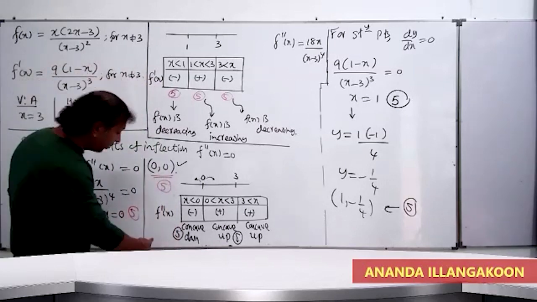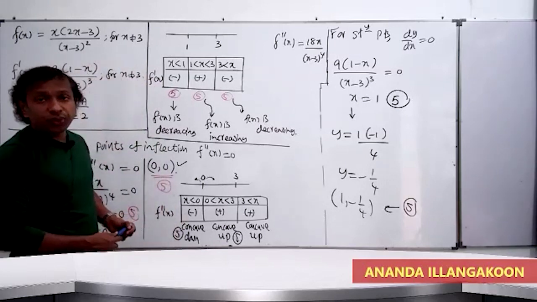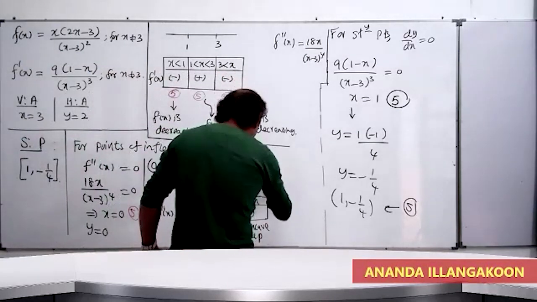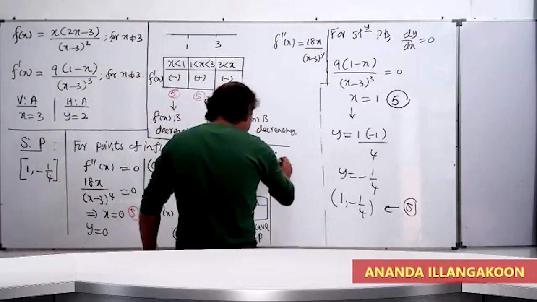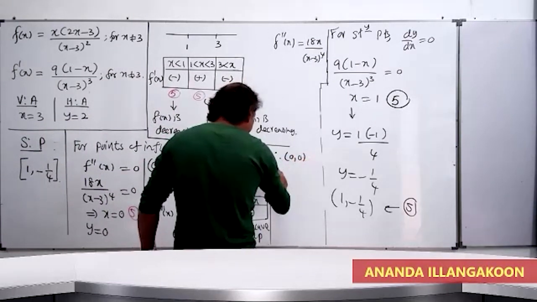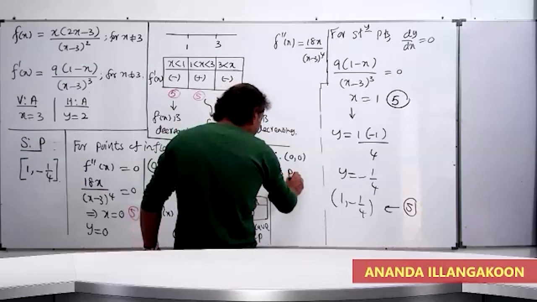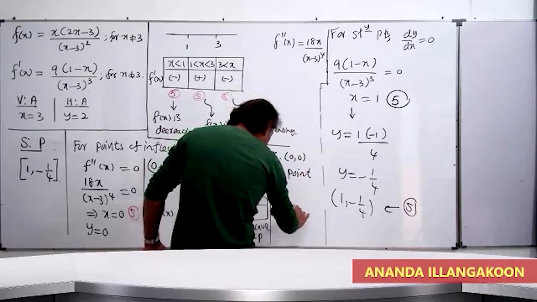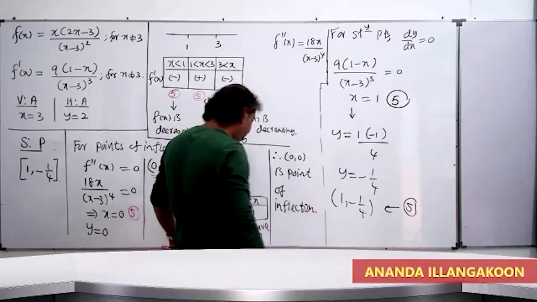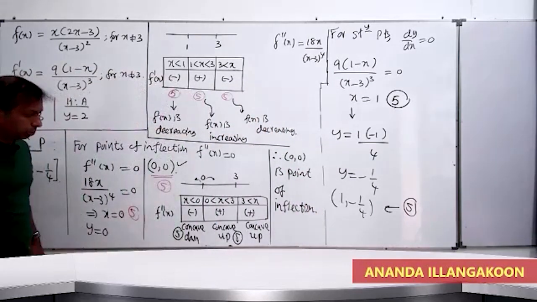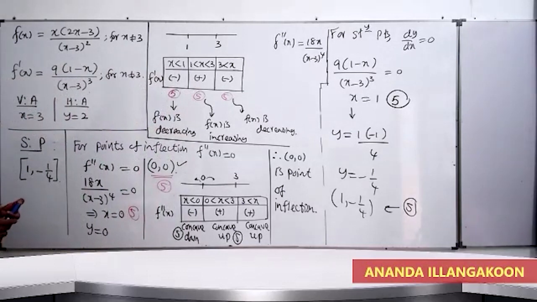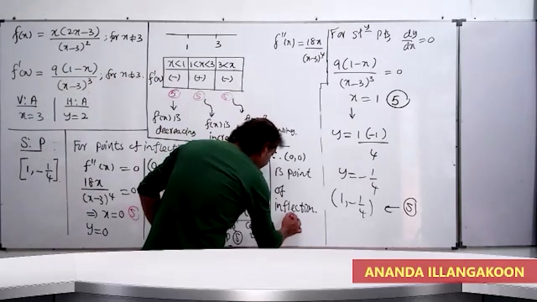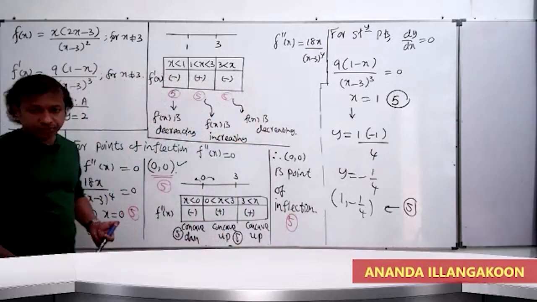So then you can write after this, therefore, at 0, 0, there exists a point of inflection. Point of inflection. Right. For that, you get another 5 marks. For this, you get another 5 marks.